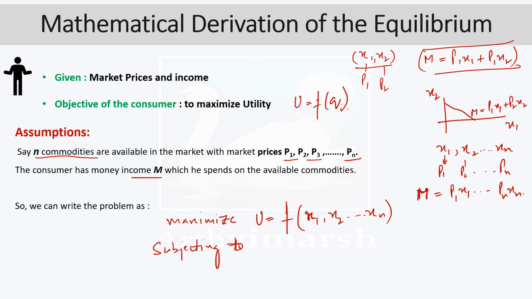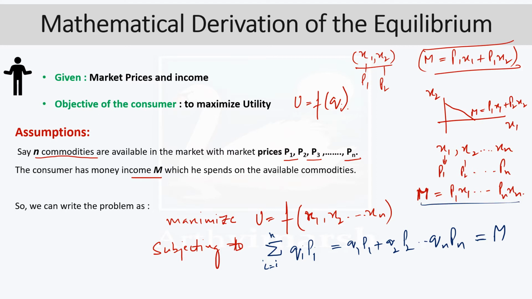I can write it as a function of price times quantity, where I goes from 1 to n, sigma i equals 1 to n, quantity times price, which we can expand as quantity times price, so on up to n commodities, which is equal to M. Here X1 I have just changed to Q1, or I'll keep it that way only, which would be easy for you to relate to.